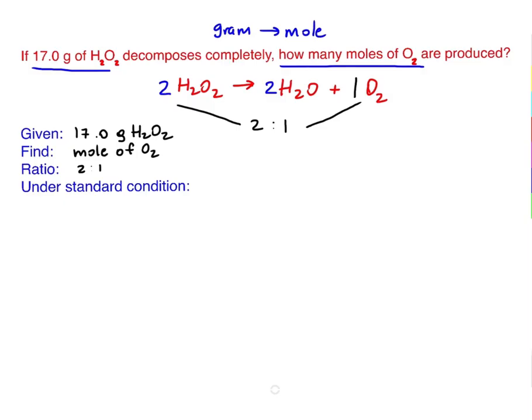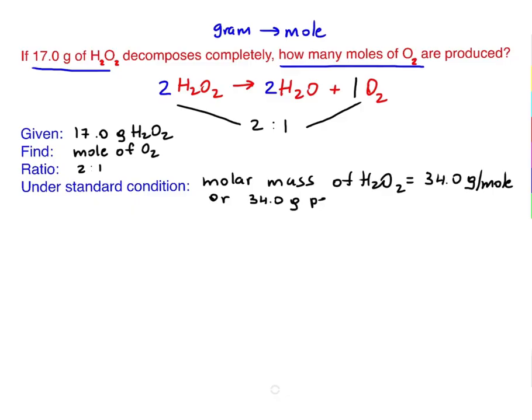And since you are given 17 gram of H2O2, you need to make sure you convert that gram to mole. And for that, you need to know the molar mass of that H2O2. So that's why you write the molar mass of H2O2 is around 34 gram per mole, also known as 34 gram per 1 mole. 34 gram of H2O2 per 1 mole of H2O2.